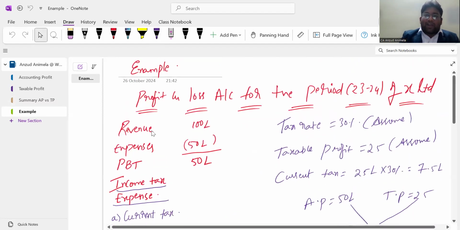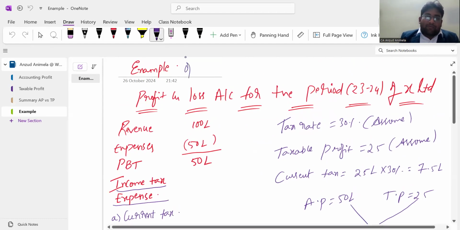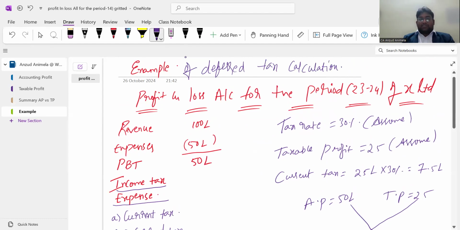Now let's take one example to understand the deferred tax calculation.